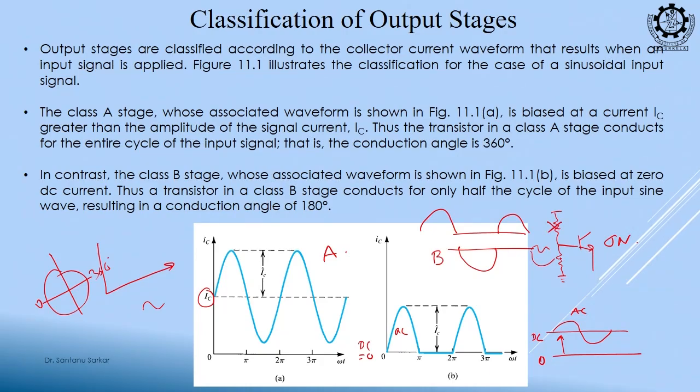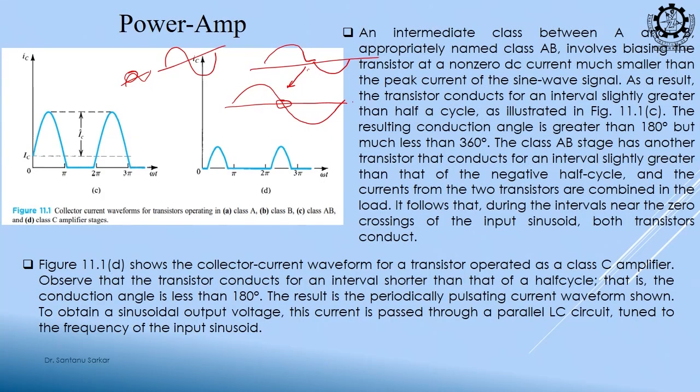In case of class B, this biasing will not be there; it will be directly connected to the signal. So, in this case a little modification is done. A little DC is added, a small DC, so that only at the 0 where it was off I need to make it on.